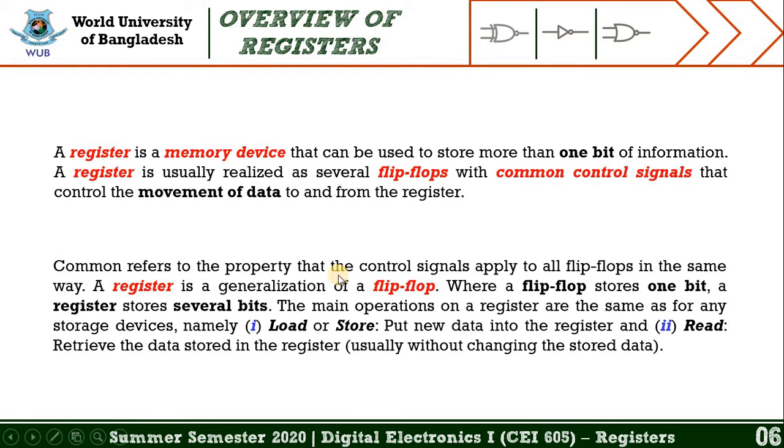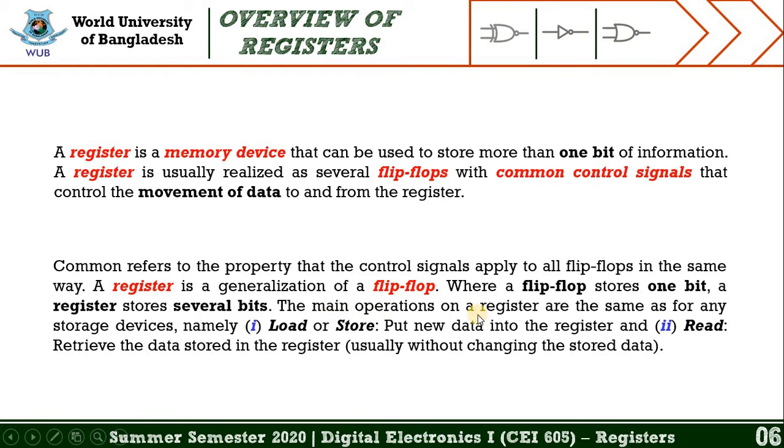Common refers to the property that the control signals apply to all flip-flops. In the same way, a register is a generalization of a flip-flop. Remember this line carefully. I repeat it again for you. A register is a generalization of a flip-flop. Where a flip-flop stores one bit, a register stores several bits.